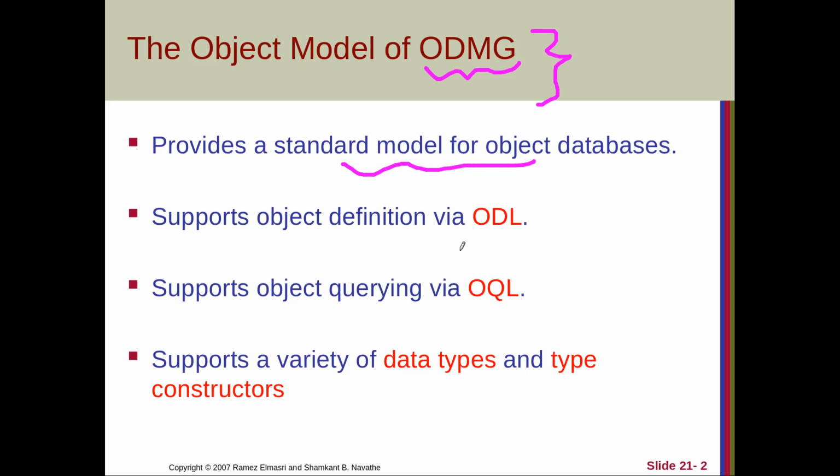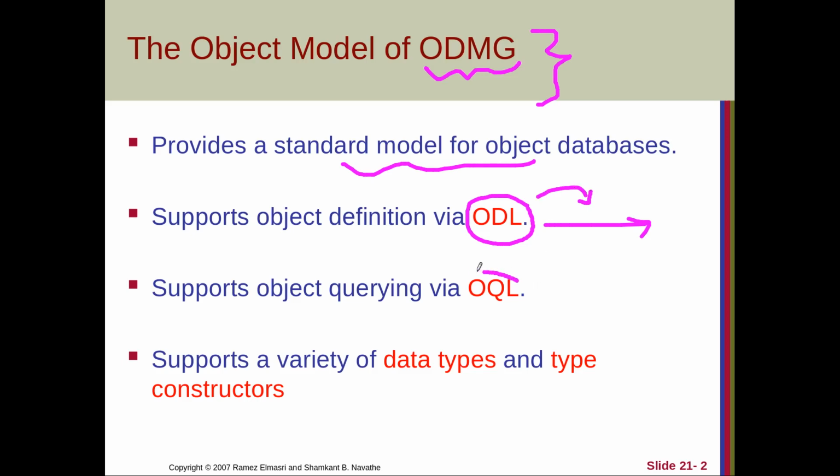The model supports a definition language, commonly called ODL, object definition language, which is similar to data definition language in relational database systems. Here we focus on the creation of the definition of object-oriented databases.